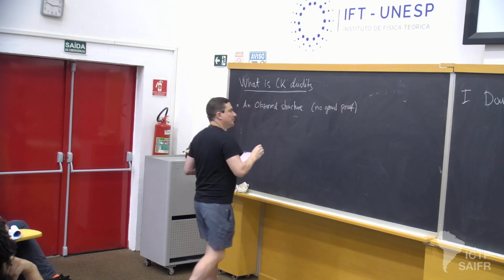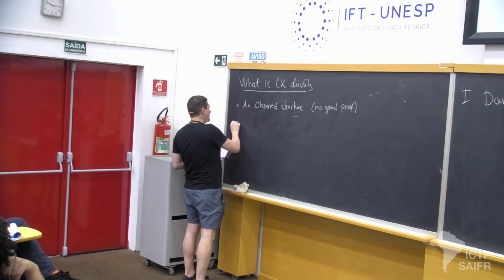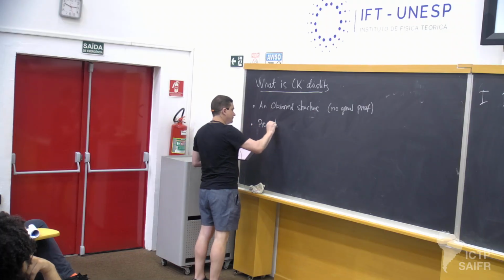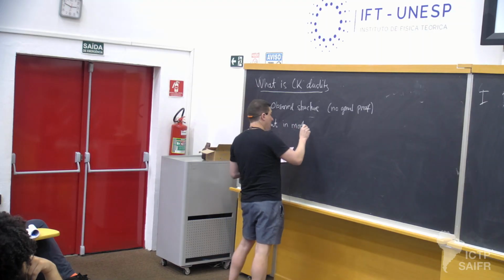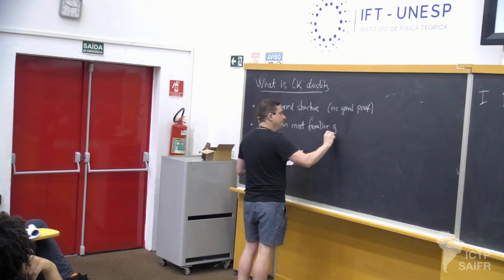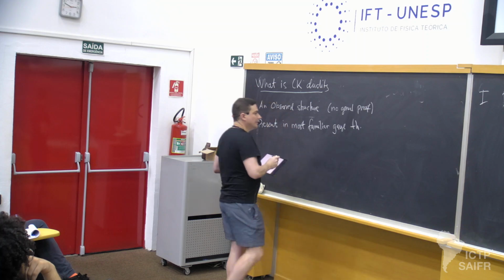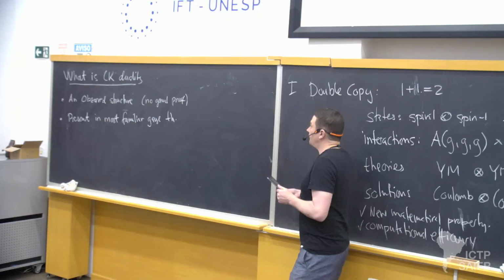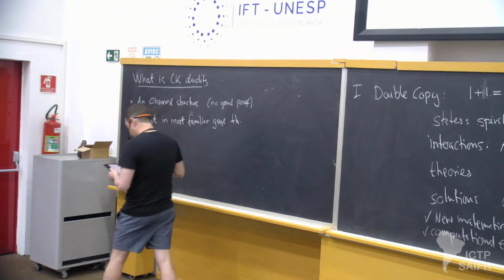Sometimes you hear that certain things have been proven, but usually it just means that it has been constructed. It's just constructed proofs. It is present in most familiar gauge theories, such as Yang-Mills with matter, QCD, even more exotic ones like Chern-Simons and stuff like that.